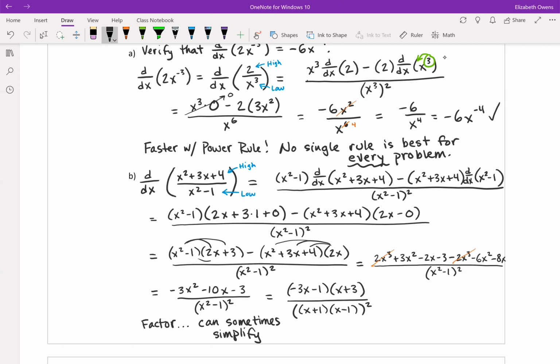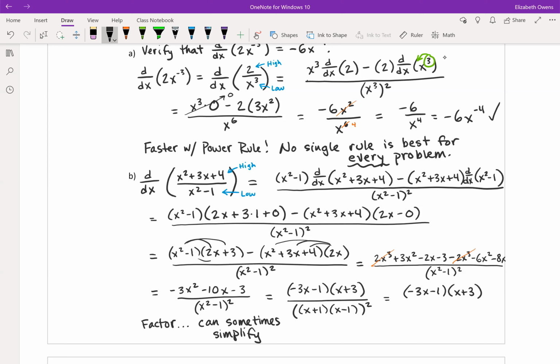Both of those getting squared. You could distribute that square if you want, since it's a product inside, but notice how none of these factors are going to cancel. Even though we took the time to factor this, it didn't simplify, and that's okay. They don't always simplify, but you generally want to check and see if they can simplify, just in case it helps you further on in the problem.